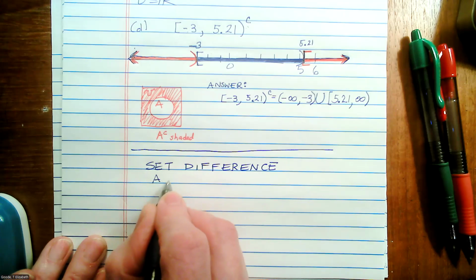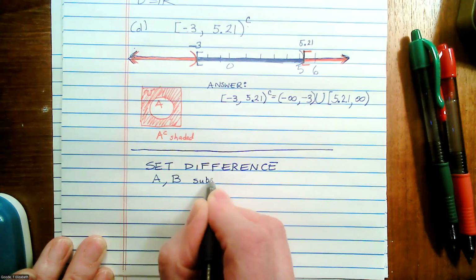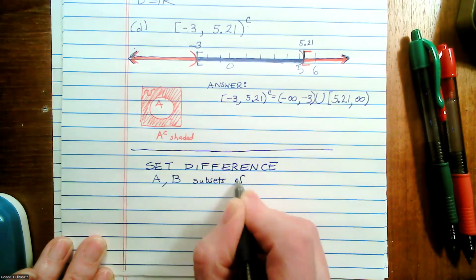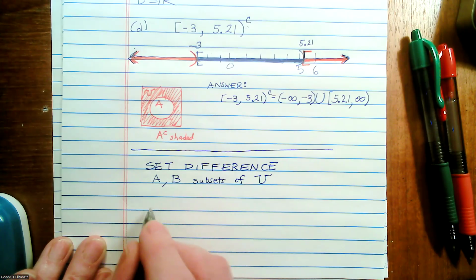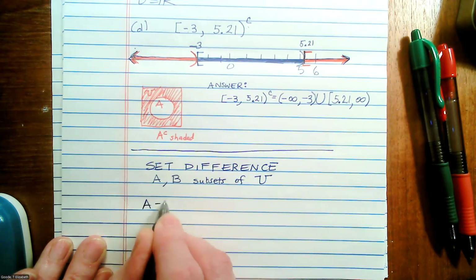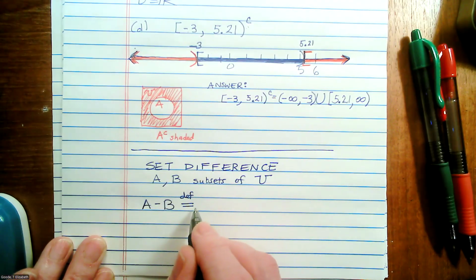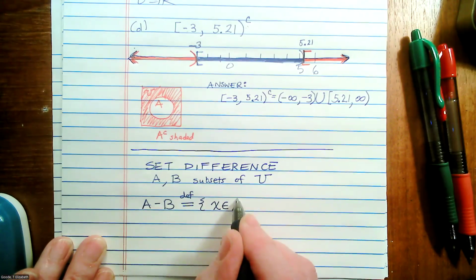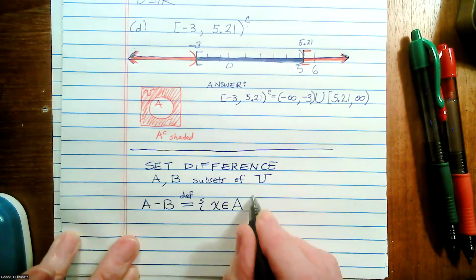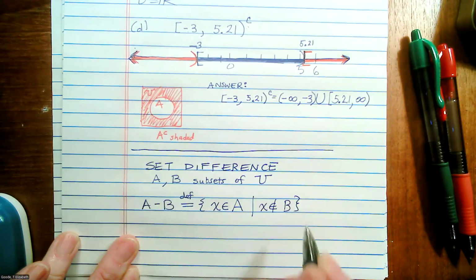Let A and B be subsets of a universal set. So A minus B is defined to be x's that are in A such that x is not in B. Now, that's not the only way to write that definition.